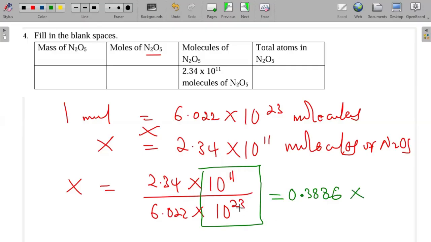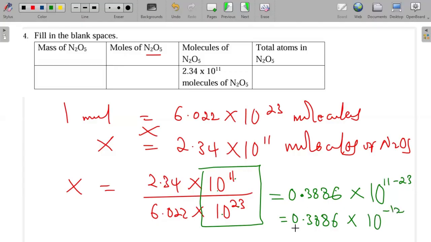And then times, so here I have 10 to the power 11 over 10 to the power 23. So that is the same as 10 to the power 11 minus 23. Okay, so I get 0.3886 times 10. What is 11 minus 23? So 11 minus 23, I get minus 12.